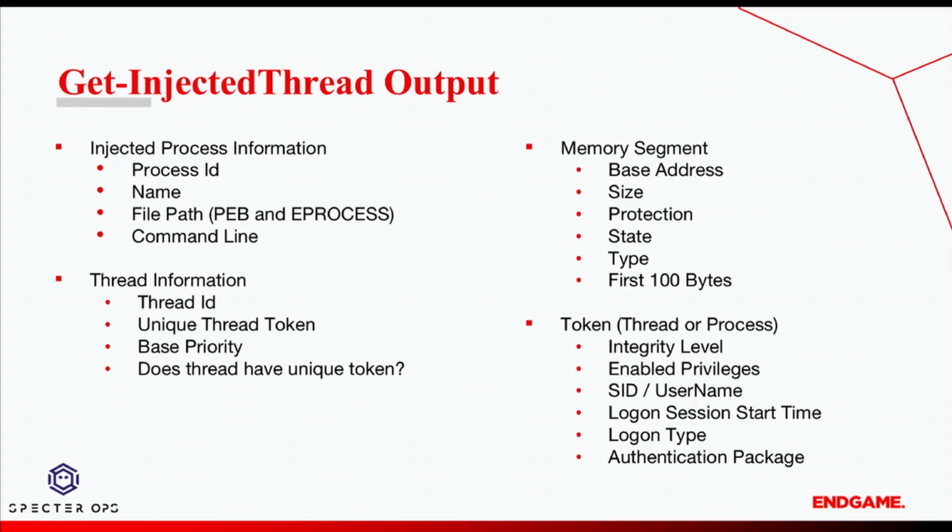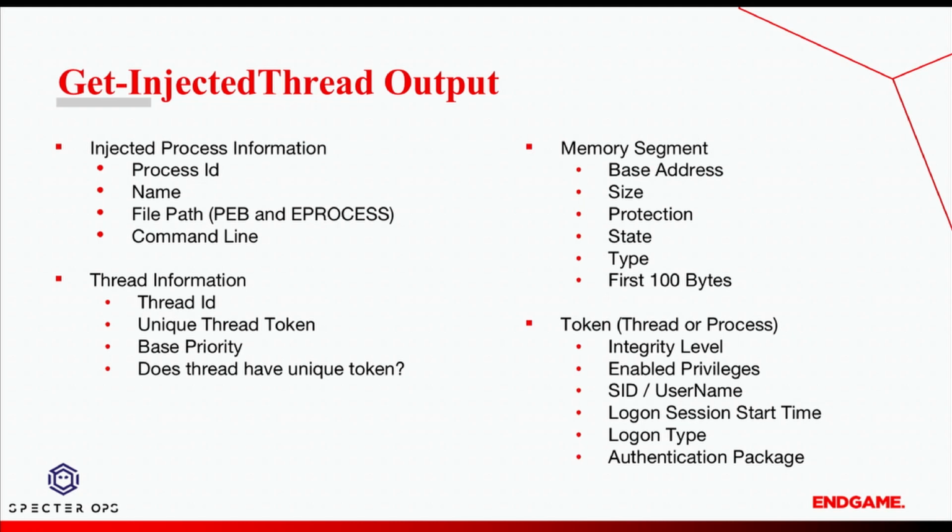And so here are some of the things that we get in the output. We get process information: process ID, name, the file path, and we query that in two different ways. He talked about PEB unlinking, but the process environment block is something that an attacker can change, so you can't necessarily trust the information that you get back from it.